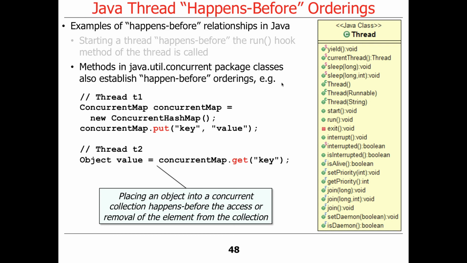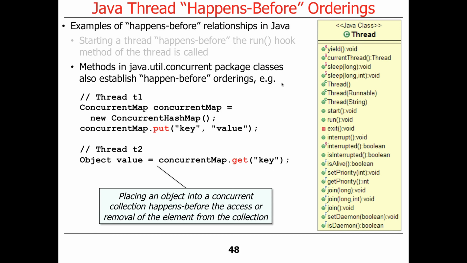Otherwise, again, chaos and insanity would occur, so this value has to be stored in the map and finished being stored consistently, and then be properly flushed out to any other threads, like thread T2, before you'll get back a sensible value by calling get.